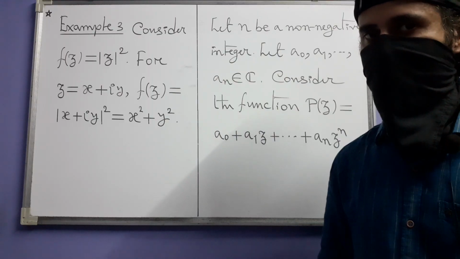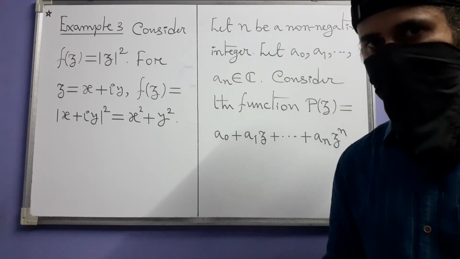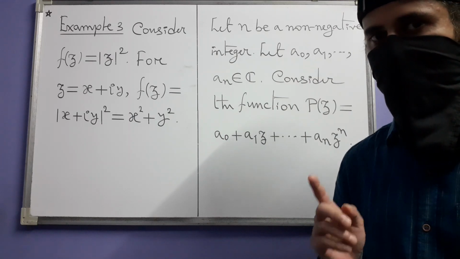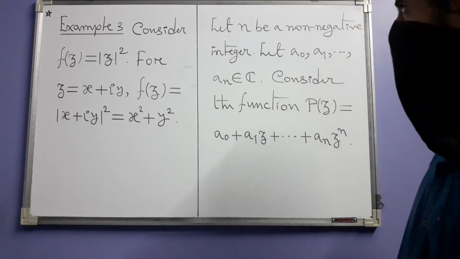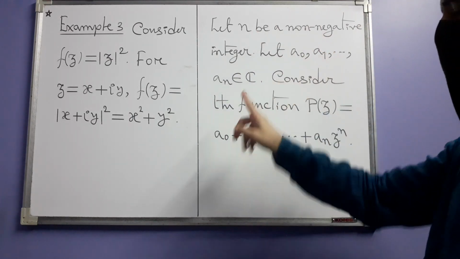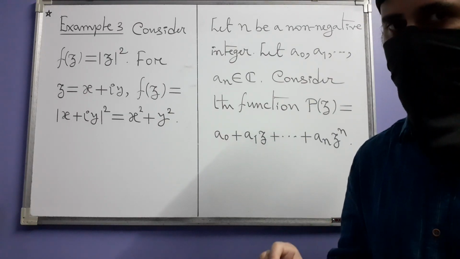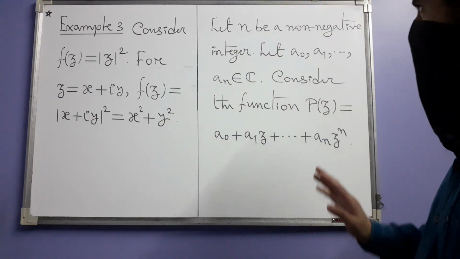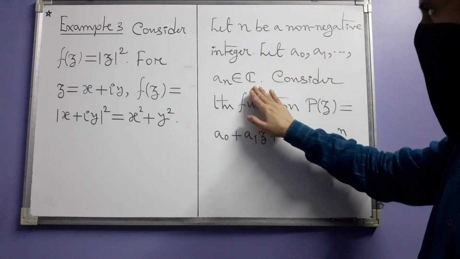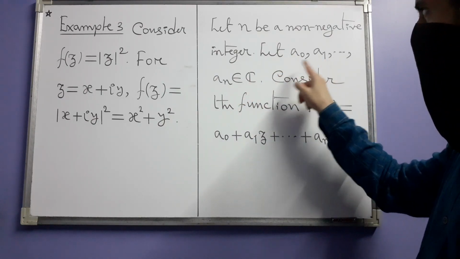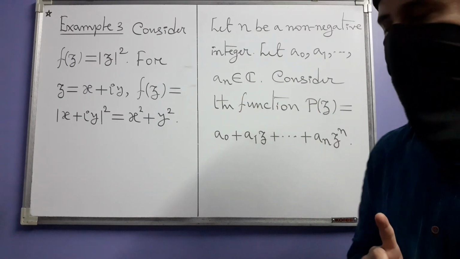Next we consider a class of complex valued functions instead of a single example. Let n be a non-negative integer. That means n is either 0 or positive. And let these be complex numbers, a0, a1 up to an.